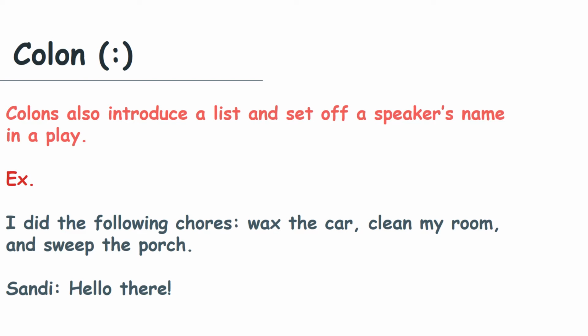So here, I gave you the list of things that I did, so I used a colon before introducing them. And number 2, to set off a speaker's name in a play. Like a dialogue, after the name we use a colon. Sandy: Hello there.